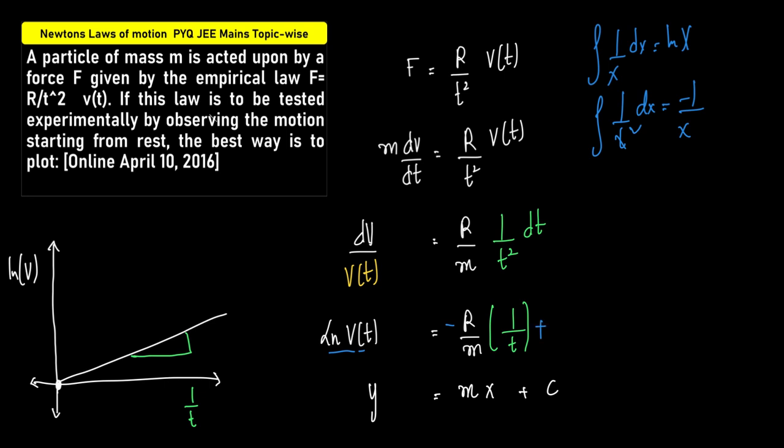We don't have c here, which means it is 0. So if we draw a graph with the y-axis as ln v of t and the x-axis as 1 by t, the slope of this graph will give us minus r by m. And therefore, the best way to study this, to plot this, is to plot ln v of t versus 1 by t.